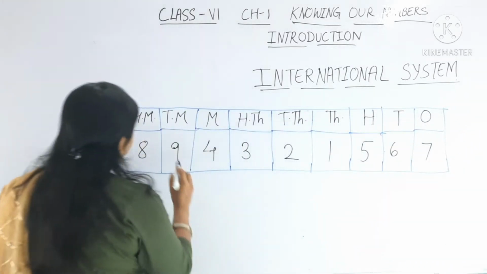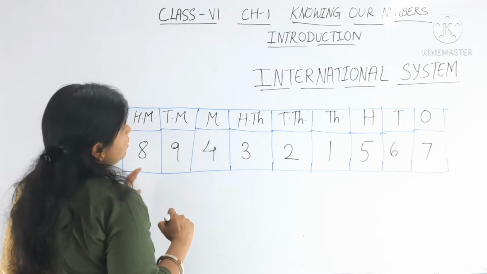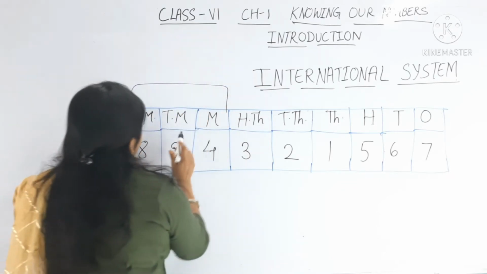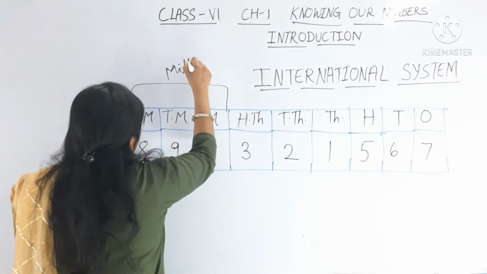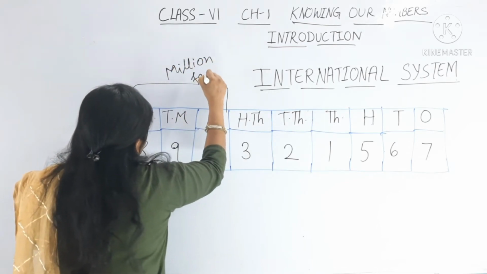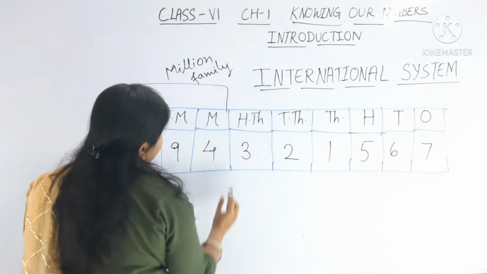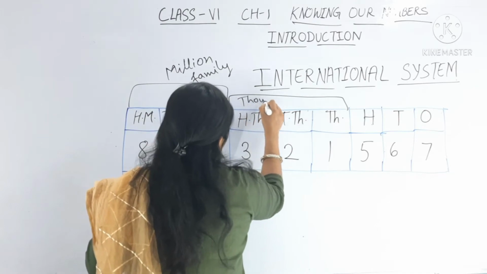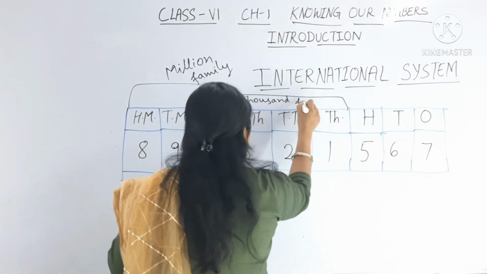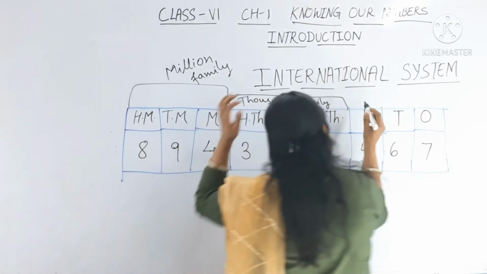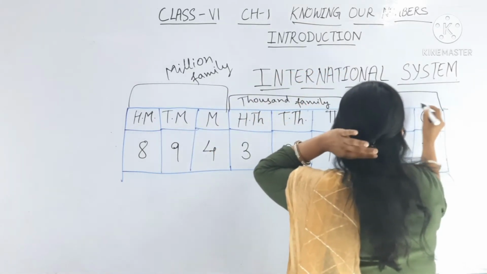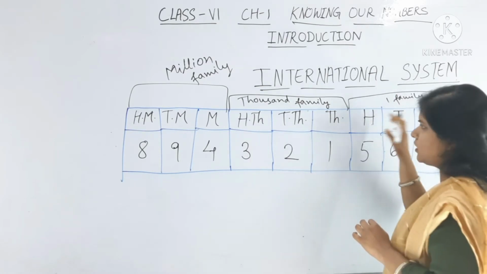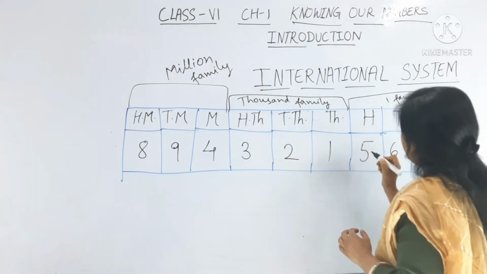Like the Indian system, we have families in the international system also. This is the million family. This one is the thousand family. And this one is the ones family: ones, tens, hundreds.